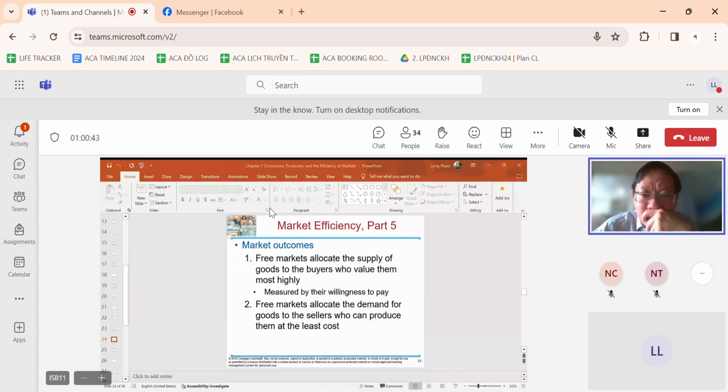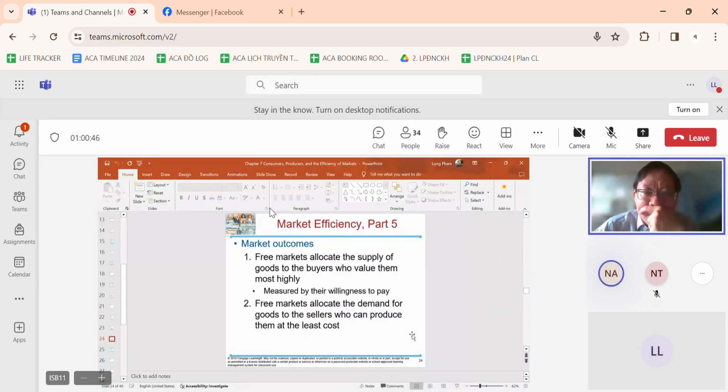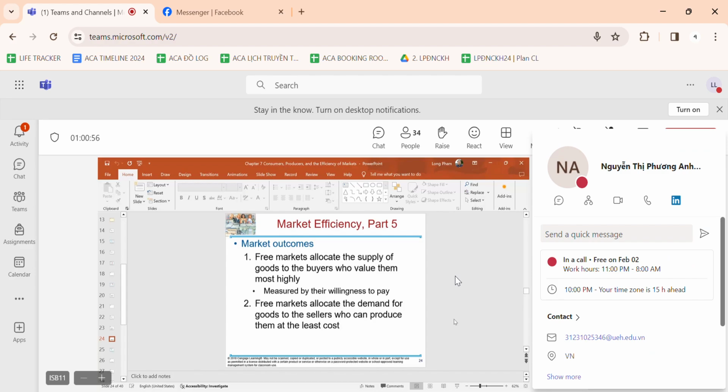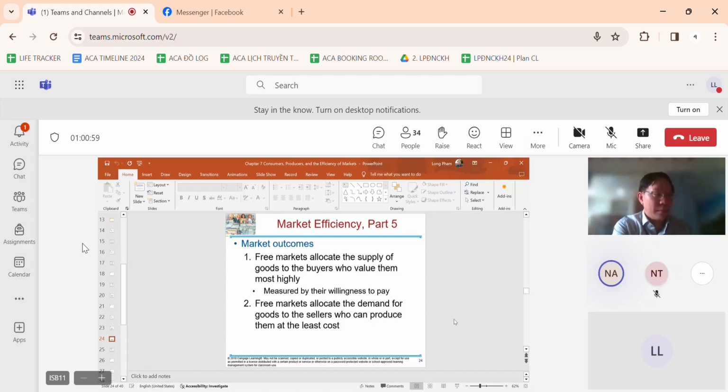Okay, so next up we will continue with the market outcome. The free markets allocate the supply of goods to the buyers who value them most highly. Basically, there is nothing that forces the prices to be lower, so the buyers who are willing to pay more will be the ones chosen to buy the goods.